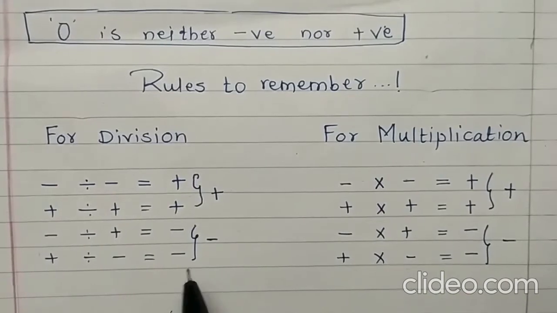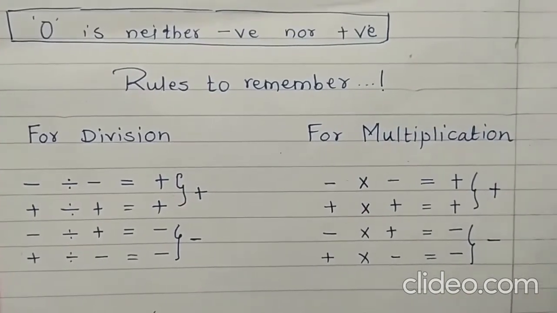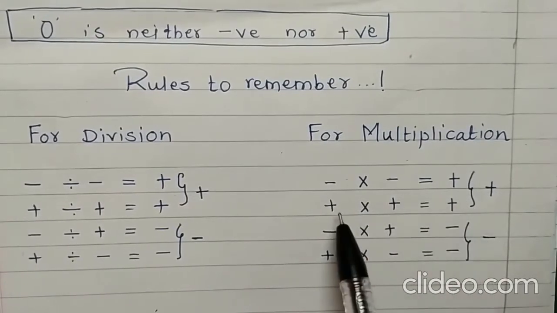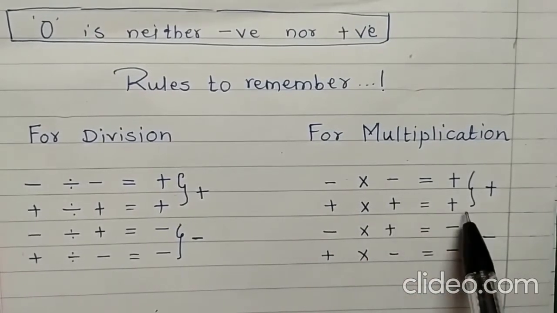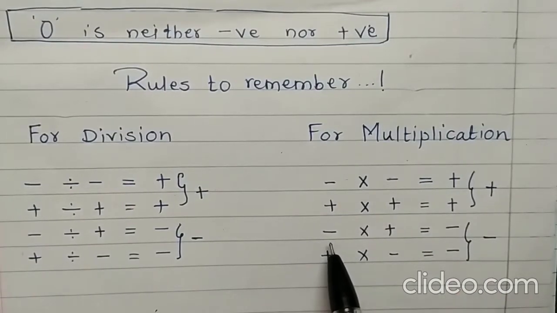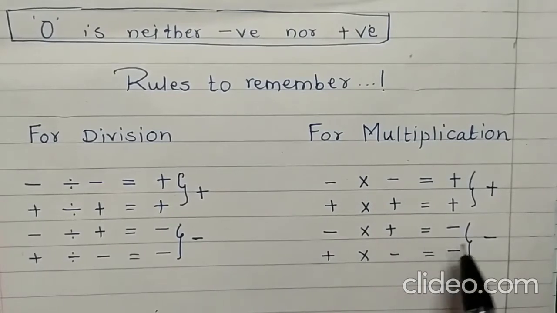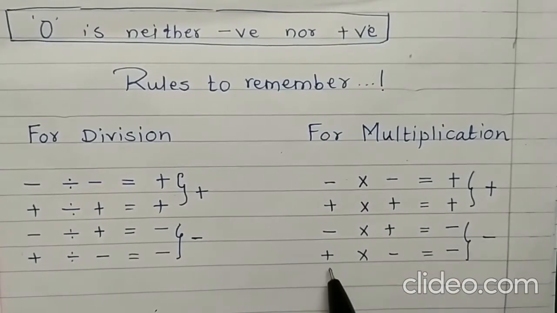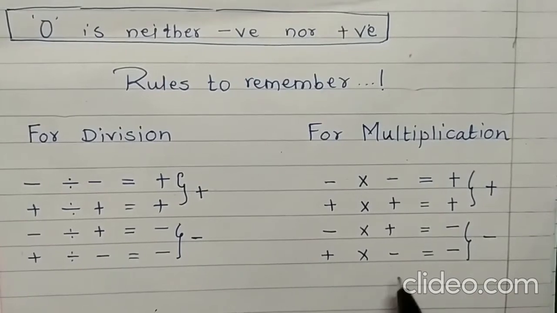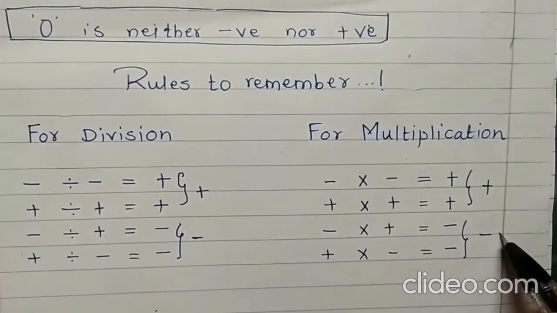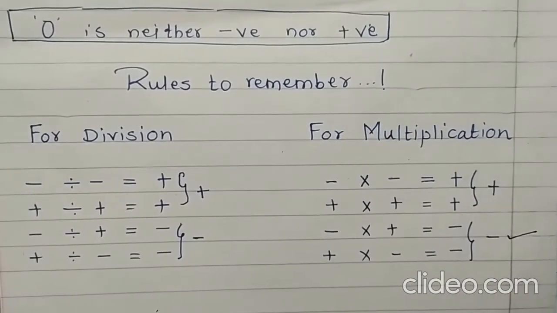And for multiplication, two negatives give a positive product, and two positives give a positive product. One negative multiplied by a positive gives a negative product, and one positive multiplied by a negative is always negative.